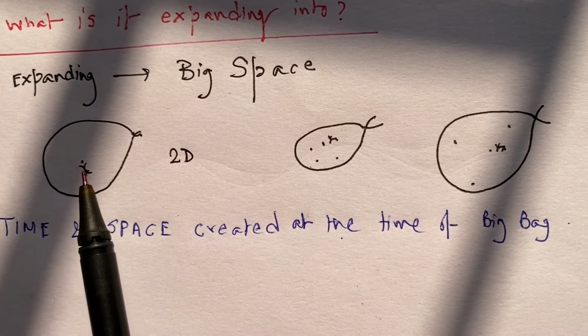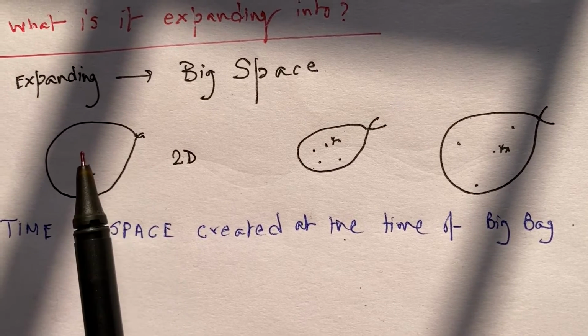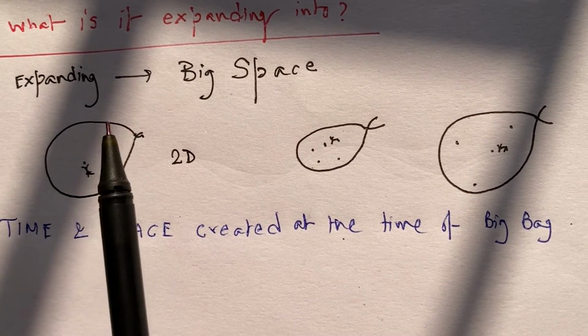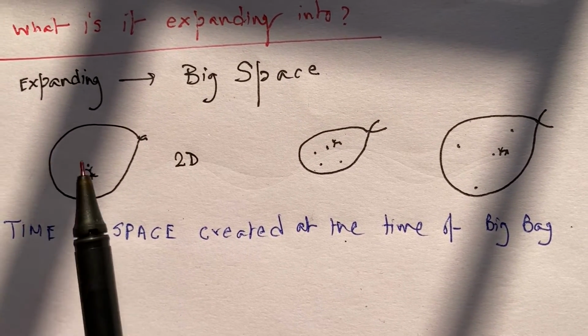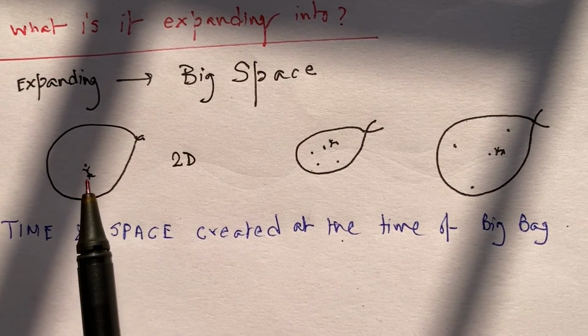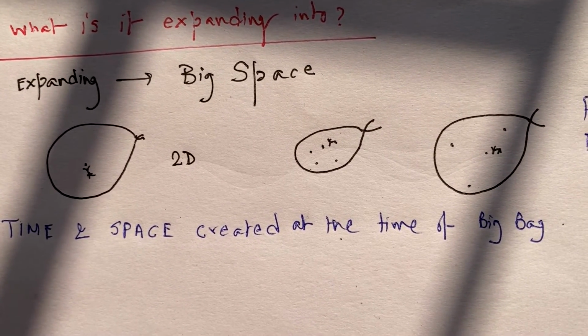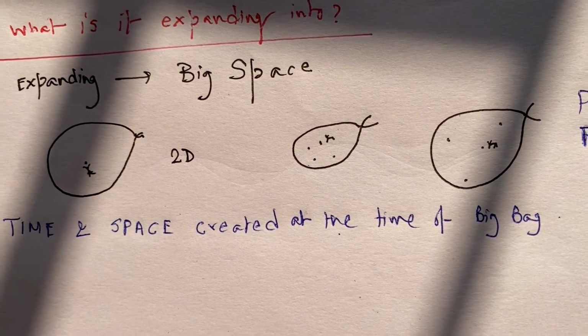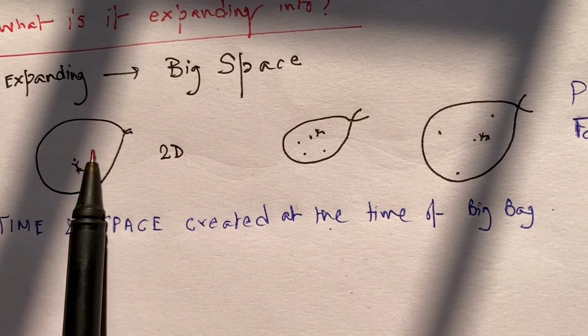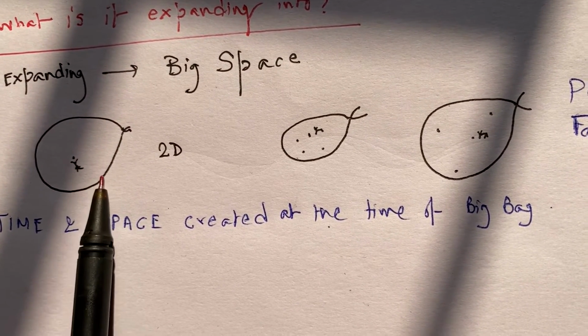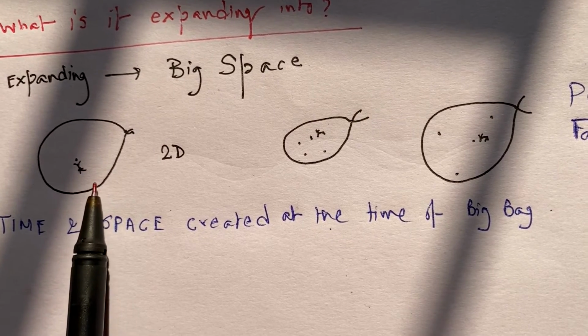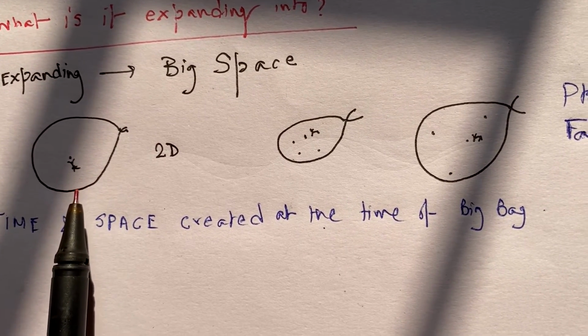It can move rightward, leftward, sideways, but not like this. So this ant will not have any perception of the volume. For this ant, the entire surface of this balloon is two-dimensional.